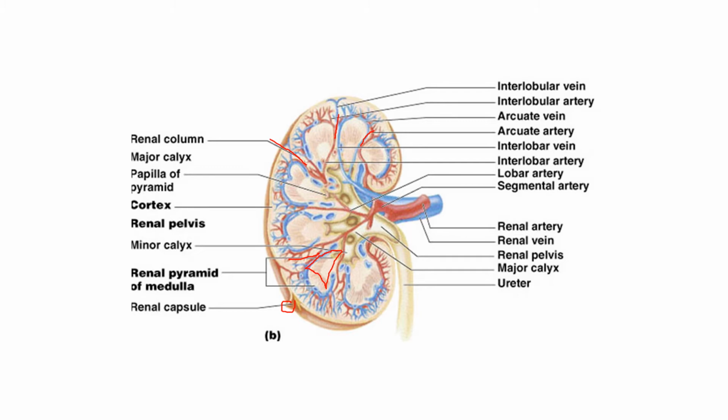So you have a minor calyx, which is a small stream or a tiny waterway. The minor calyxes are going to come in to this area. And then you have a major calyx, which is going to be more in this area. And then you have the renal pelvis, which is like a reservoir. So you have a stream, river, and reservoir. And then that pools, and it empties down through the ureter, and it's going to go to your bladder, right? Okay.